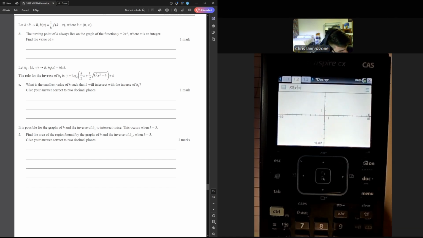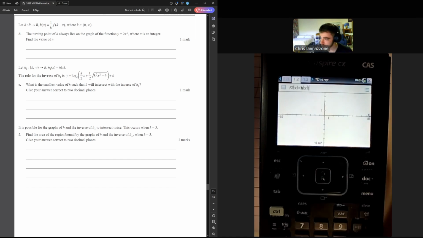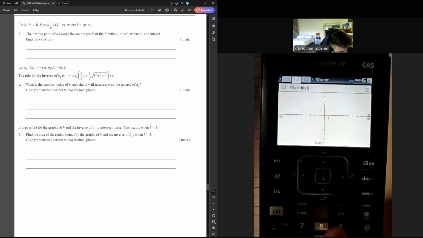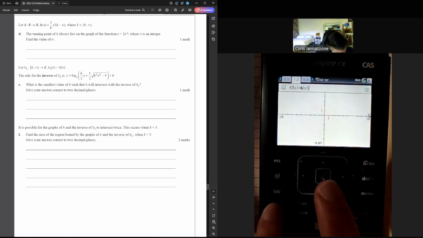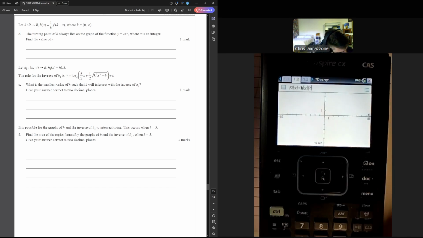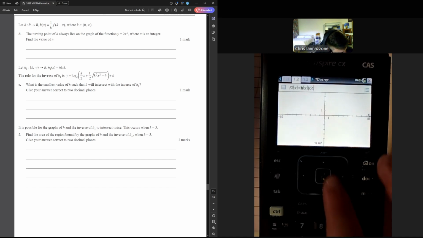So, first up, h of x, we're trying to plot h1. And h1 specifically goes from k to infinity. So, I'm going to give that as our domain. So, x is going to be greater than or equal to k in this case, given x greater than or equal to k.